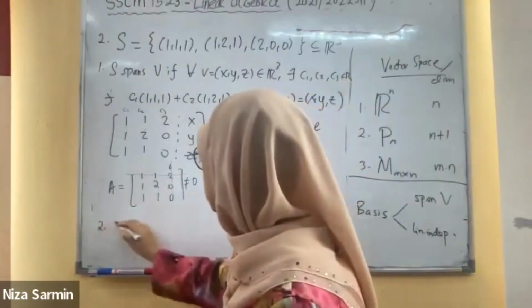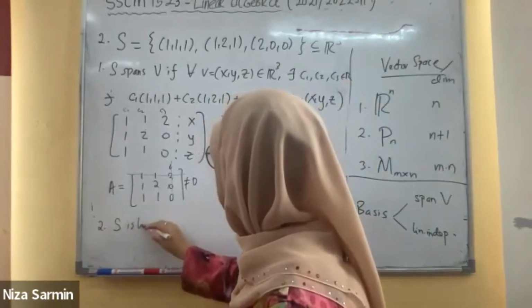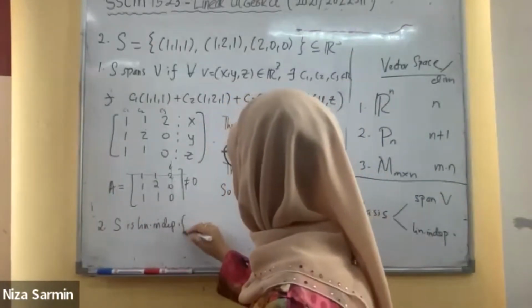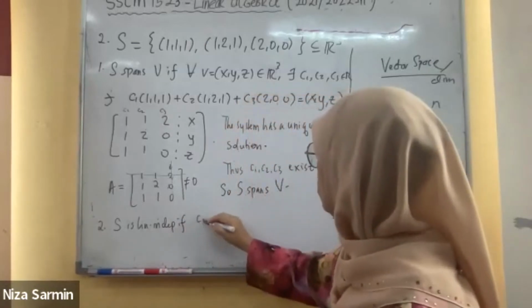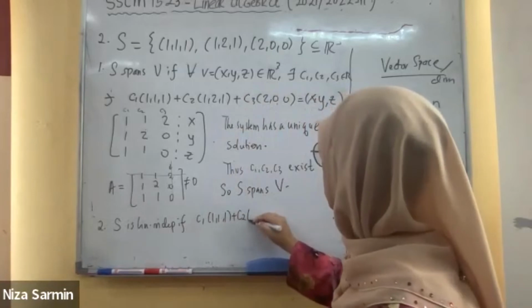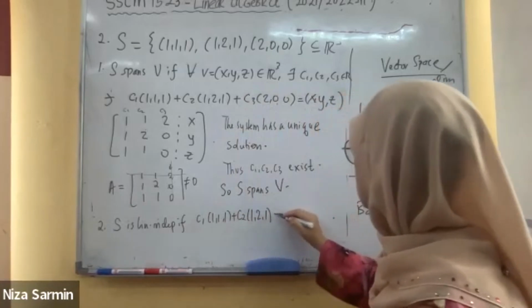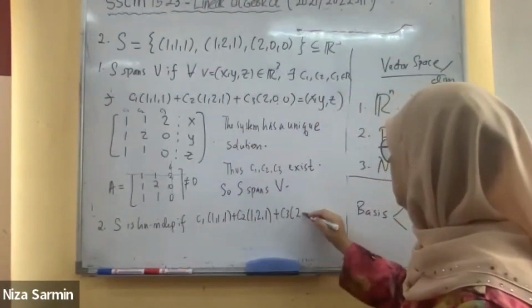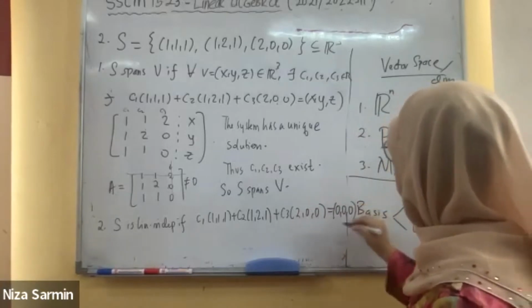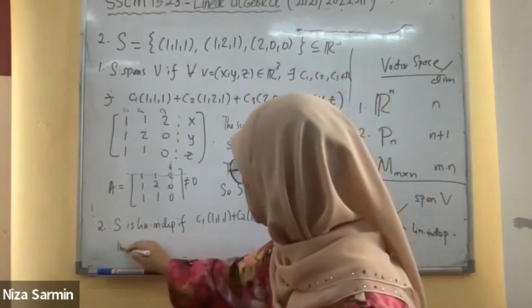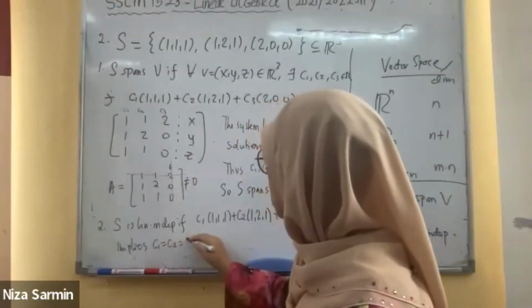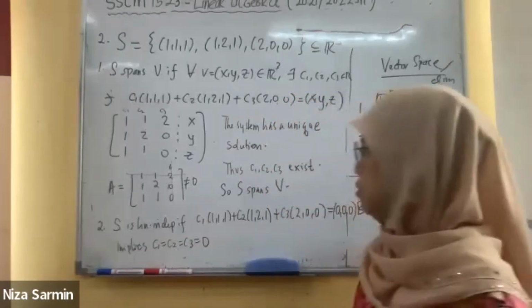So number 2, S is linearly independent if C1(1, 1, 1) plus C2(1, 2, 1) plus C3(2, 0, 0) equals (0, 0, 0) implies C1 equals C2 equals C3 equals 0.